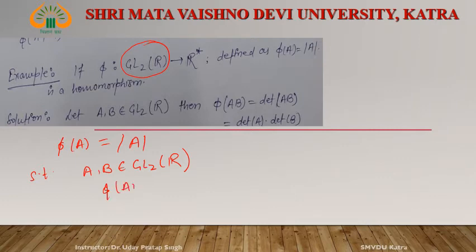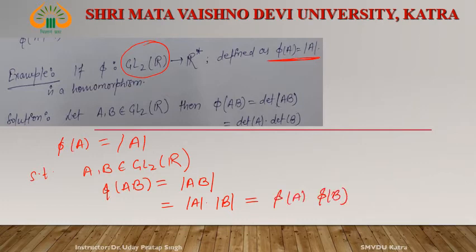What is phi of AB? Phi of AB is equal to the determinant of AB, since phi A is the determinant of A. And the determinant of AB is equal to the determinant of A into the determinant of B. And this is equal to phi A into phi B. It means phi of AB is equal to phi A into phi B.